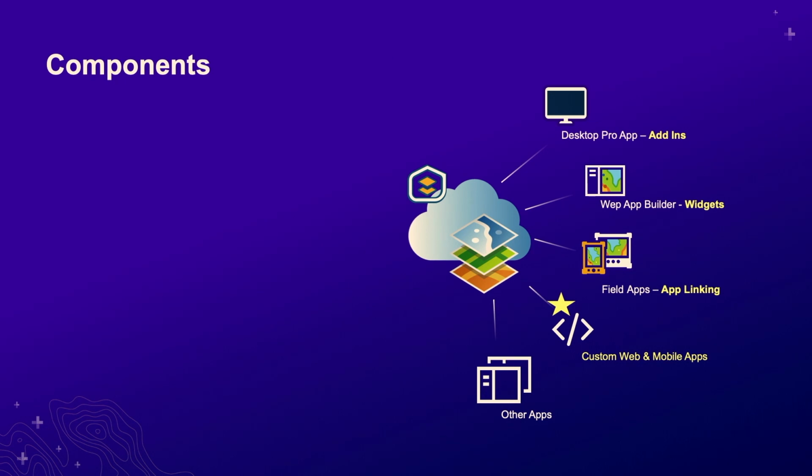For field apps, we have app linking. We'll talk more about that, but it enables you essentially to have a custom mobile app that links with other Esri apps to create a comprehensive field solution and support field workflows with both your application and Esri applications. And of course, you can create custom web and mobile apps, and there are different APIs and SDKs for you to use to achieve that.